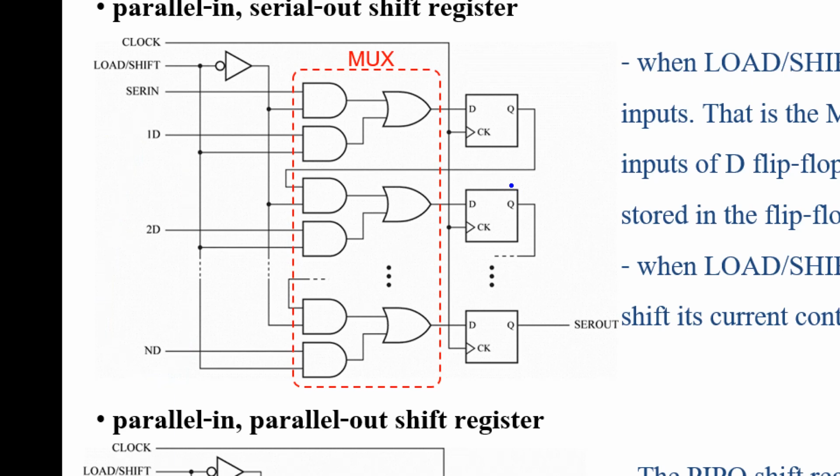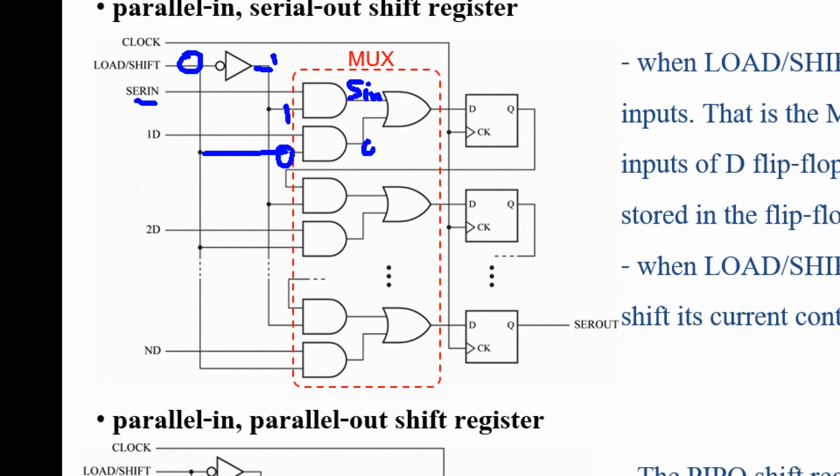Okay, how does it work? For example, if you use a signal, this one is 0. So what happened? This output is 1, right? Then 1 and 0 in becomes 0 here, 0 here, and 0 here, right?